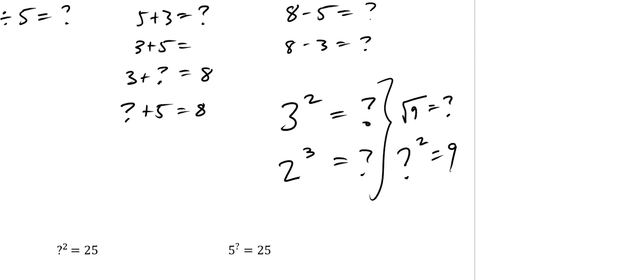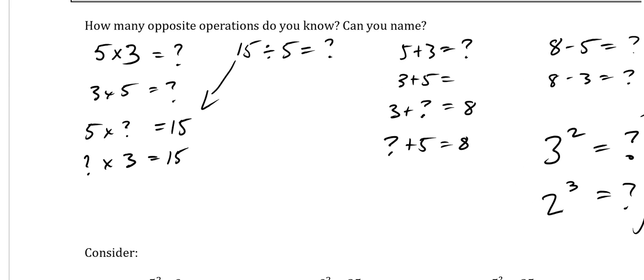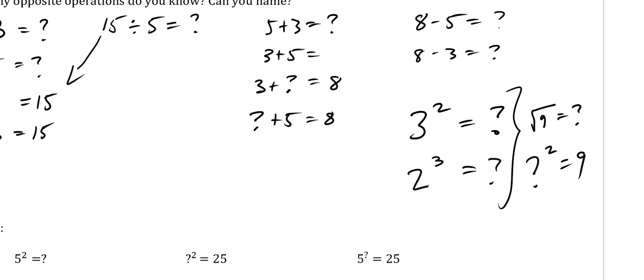If you look back at these ones, I took this question mark and I put it everywhere else. And so we can use division to find these question marks. I took this question mark and I put it here and here, and now I can use subtraction to find those question marks. And so then 3 squared, I use exponents to figure it out.